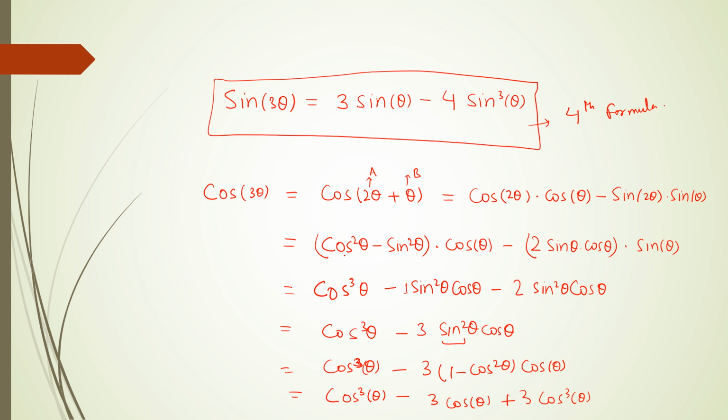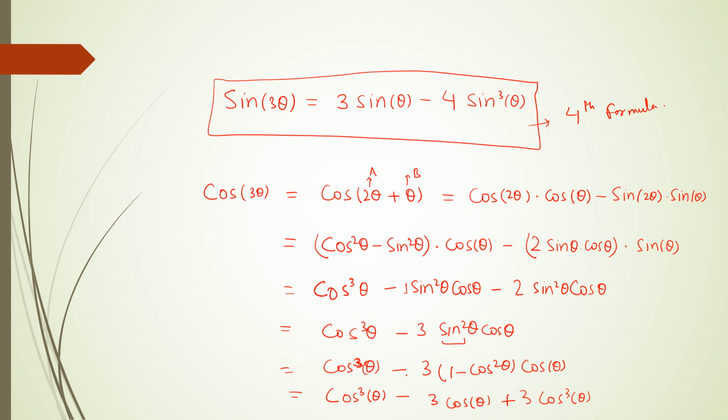Now cos cube theta minus cos square theta, cos theta into sin square theta, means sin square theta into cos theta. Minus 2 sin square theta into cos theta. Then it is minus 3 sin square theta into cos theta.